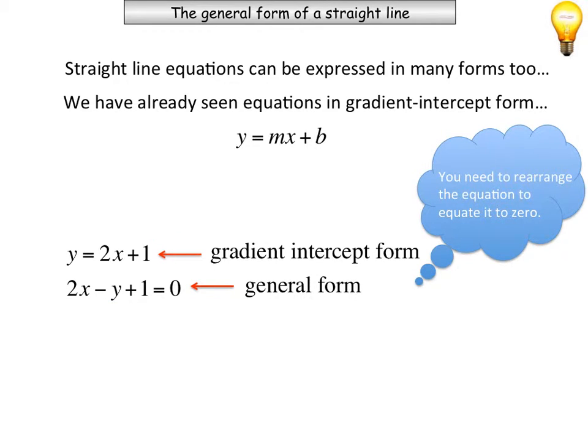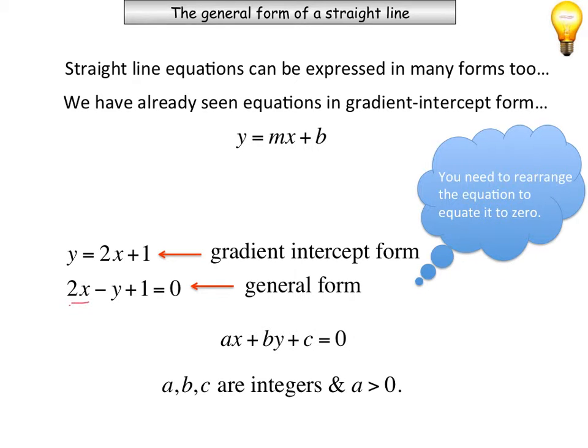So what you need to do is rearrange the equation and let it equal 0. So ax plus by plus c equals 0 is the general form of a straight line. We know that a, b, and c, or a and b, are the coefficients of x and y, but we need to make sure that the x value is positive.